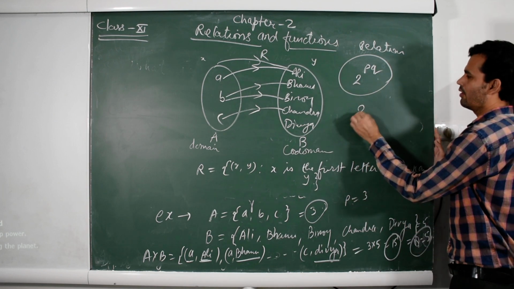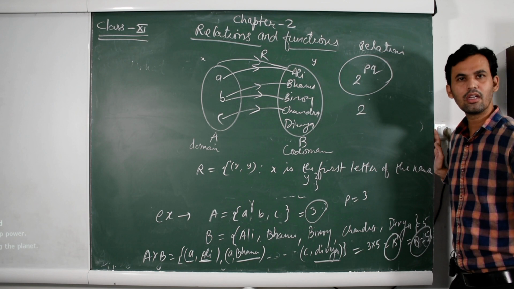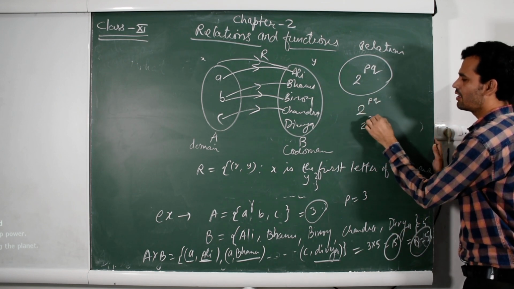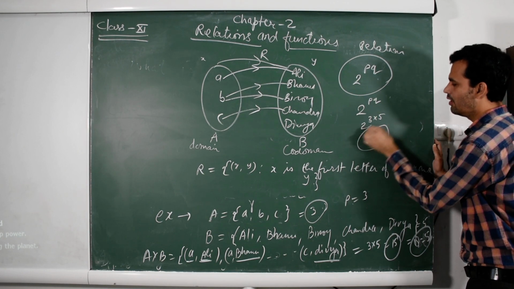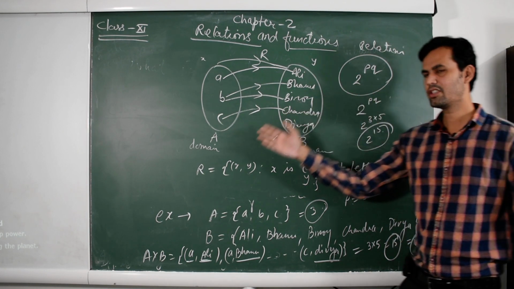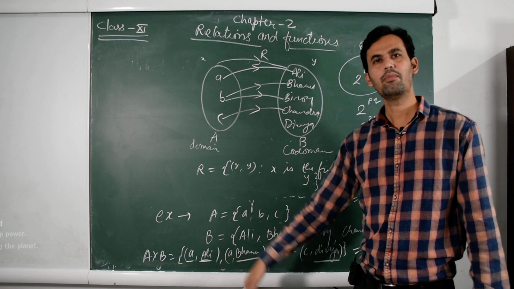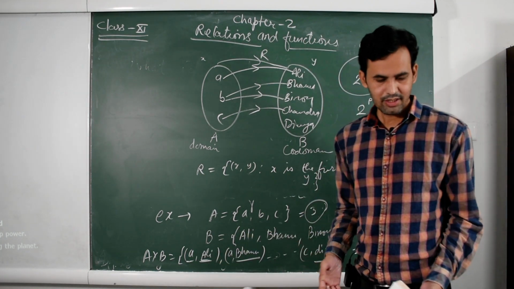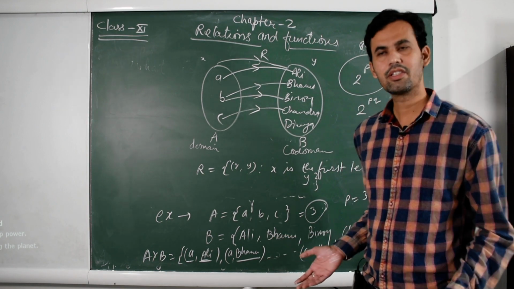So how many relations in this example? We have 2 to the power PQ, that is 2 to the power 3 into 5, which is 2 to the power 15. There are 2 to the power 15 relations in this example. So now you understand the concept of relations.